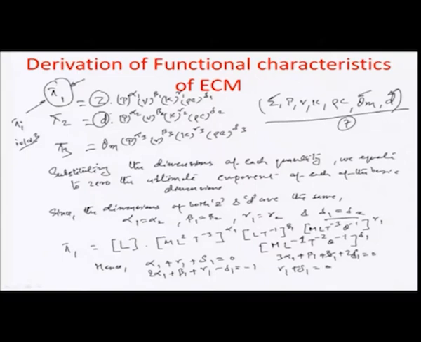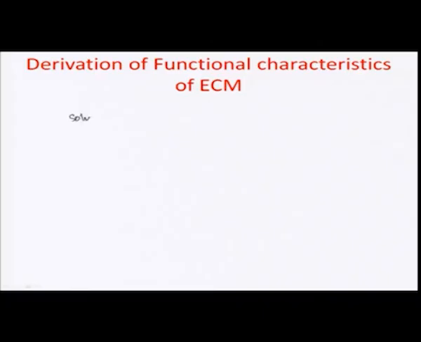And so, solving all these equations, we get alpha 1 equal to 0, beta 1 is 1, gamma 1 is minus 1, and delta 1 equals 1.